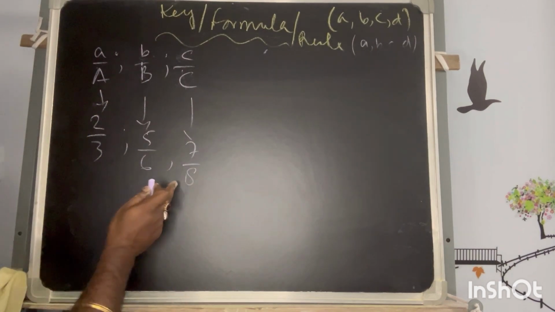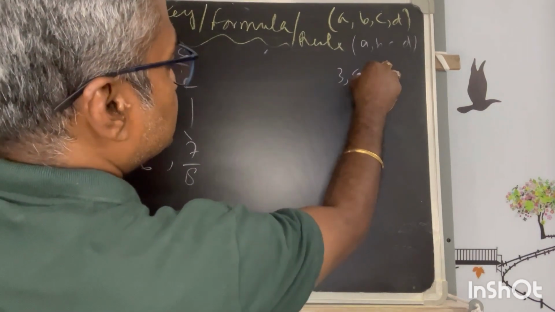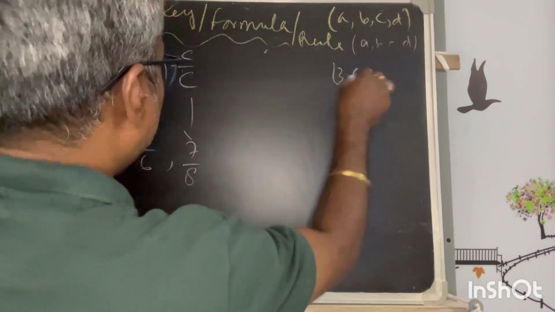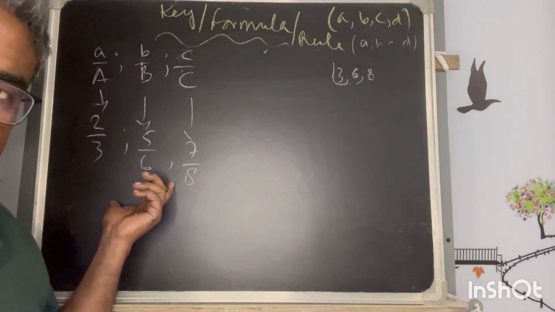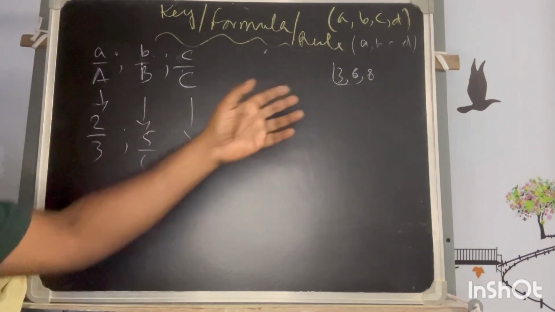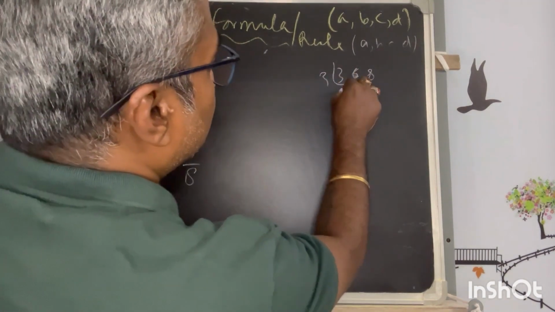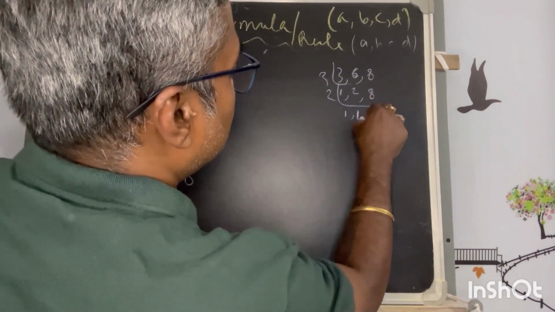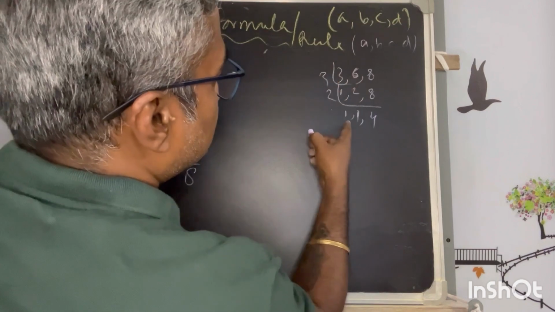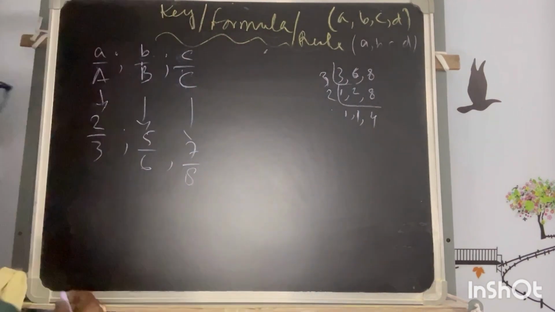So 3, 6 and 8, what is the LCM? To put the fractions in ascending or descending order, it is the same thing I am doing. So 2 ones are 2, 4 twos are 8, 8 threes are 24.